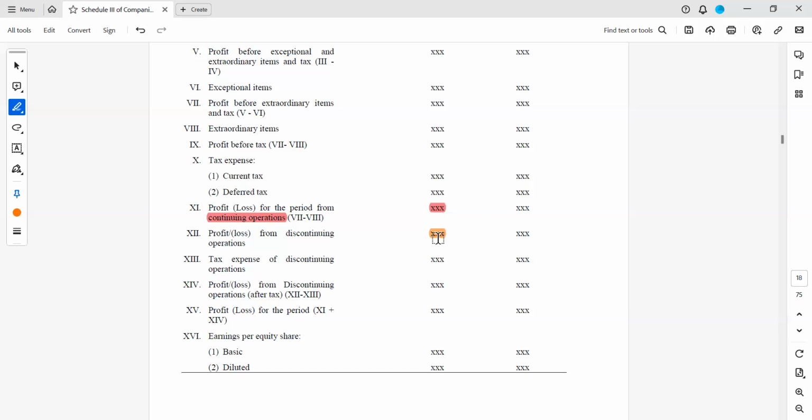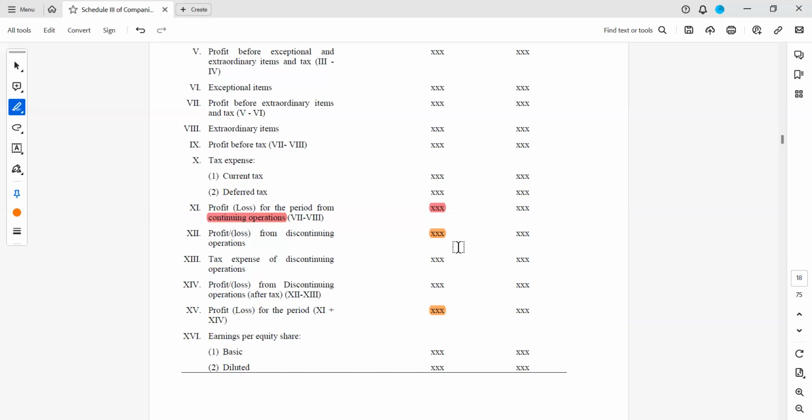Approximately, if the business continues as it is, this much profit will get reduced. So, tax expense on discontinuing operations, profit or loss from discontinuing after tax, then here profit or loss for the period. This is actually the total profit of the entity as of today, including discontinuing operations, because you are adding both the profits.